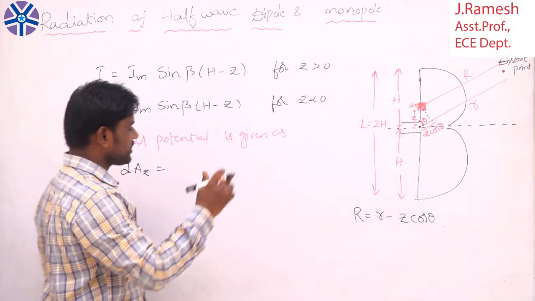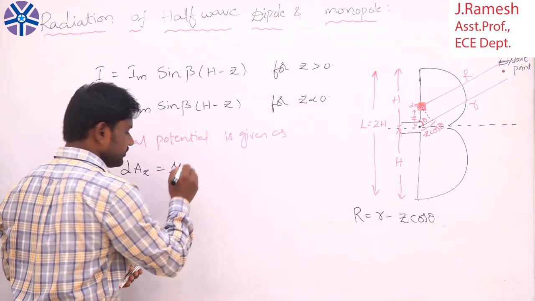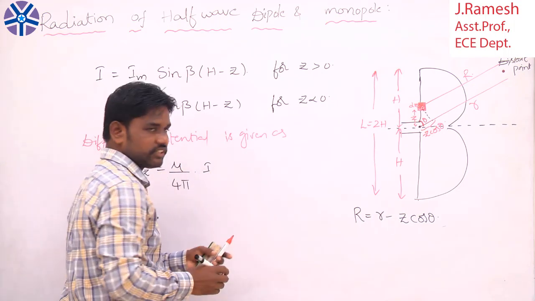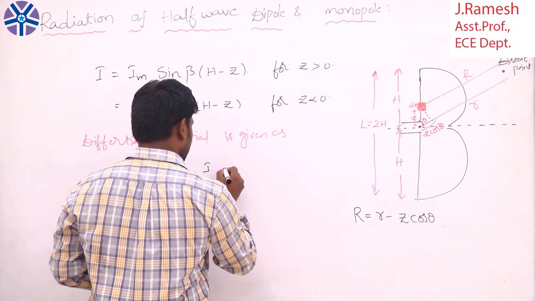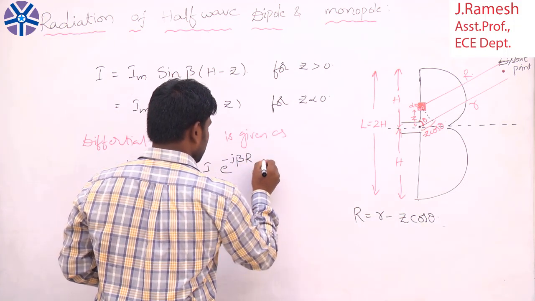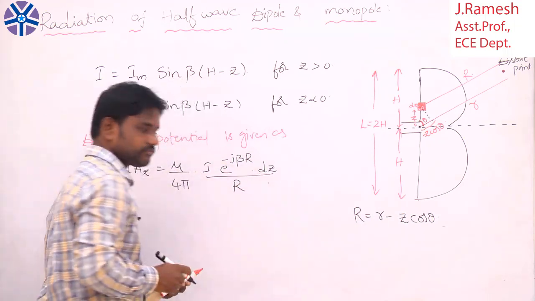It is mu by 4 pi into the current I into a small dz and an exponential term e to the power of minus j beta r, divided by capital R.